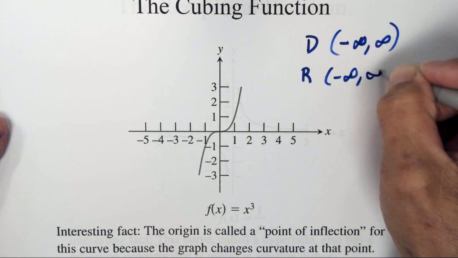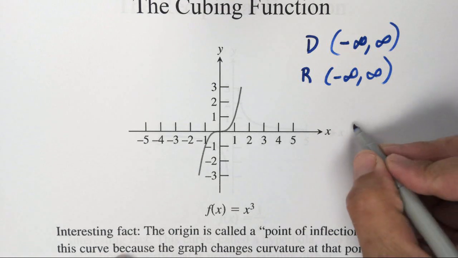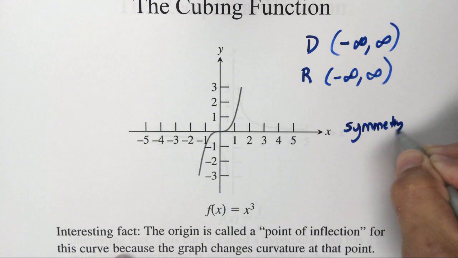All right. Does it have symmetry across the x-axis? No. Does it have symmetry across the y-axis? No. If I flip it over the x and then over the y, or vice versa, x then y, would I have the same graph? Yes. Which means it has symmetry about the what? Origin.